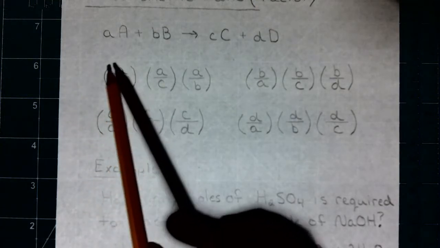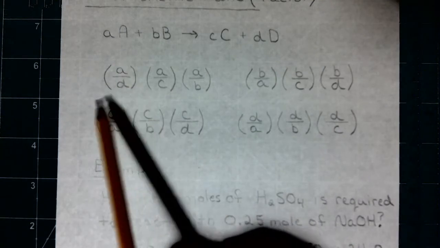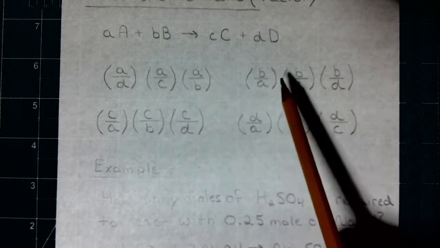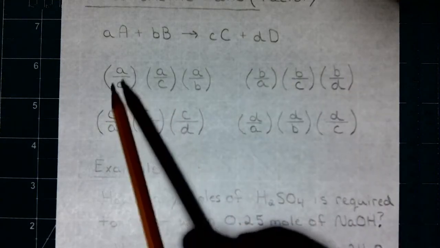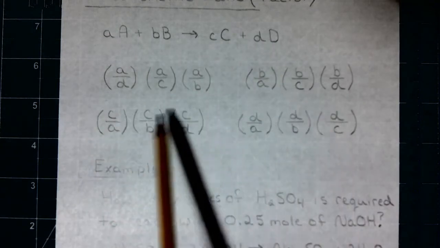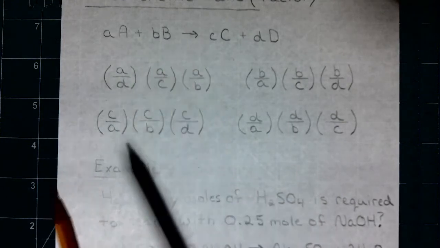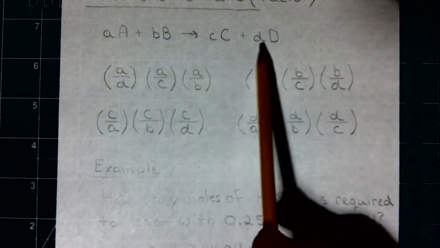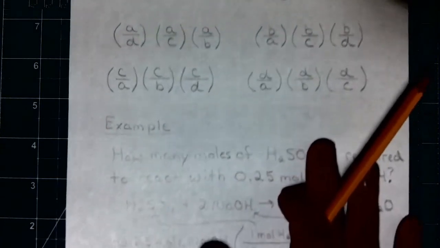So I can write a conversion factor between A and D that would convert D's to A's, convert C's to A's, convert D's to B's, for instance. A reaction that's written out like that has all of these different stoichiometric factors that we could come up with. Every combination of coefficients is a possible stoichiometric factor and can be used to convert just like any other conversion factor that we use.